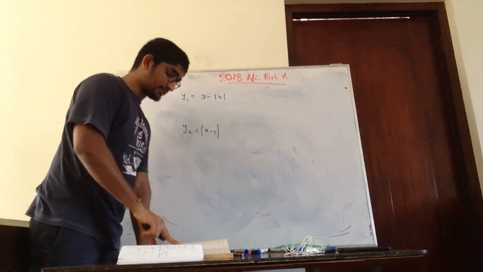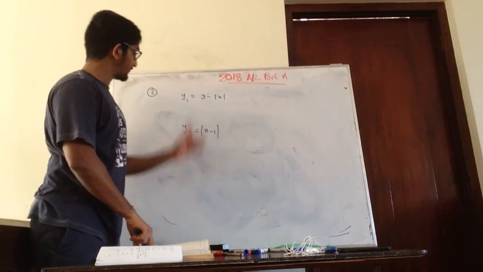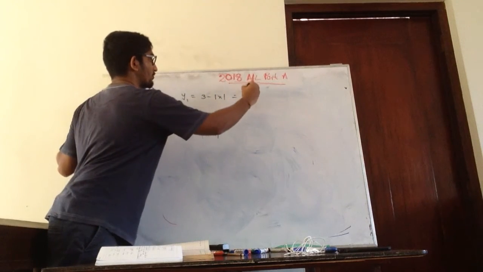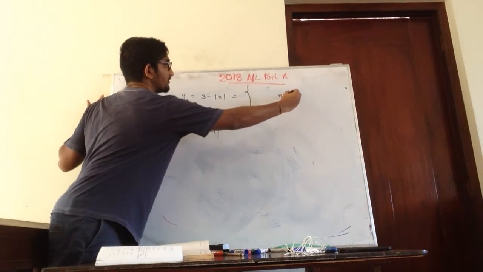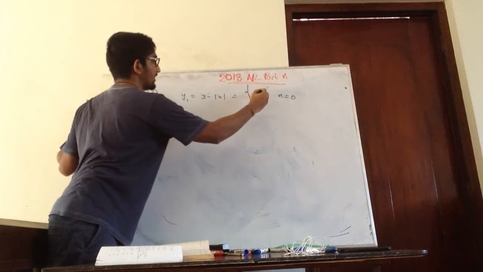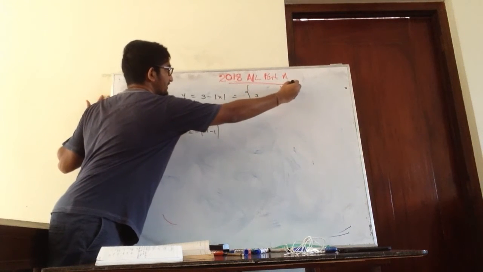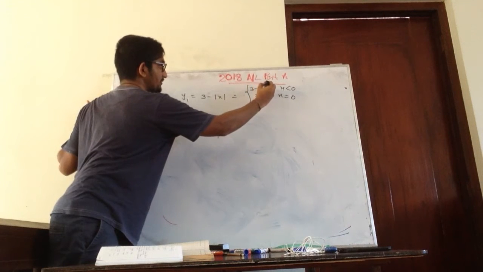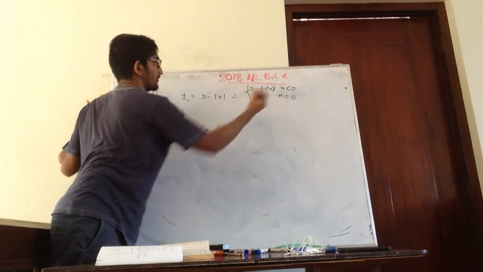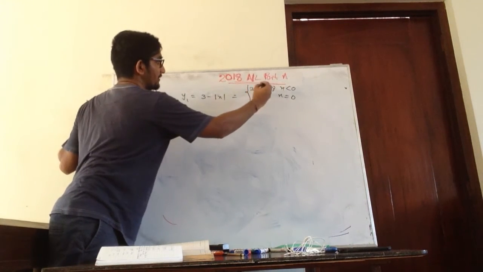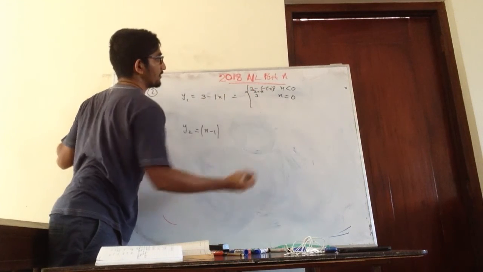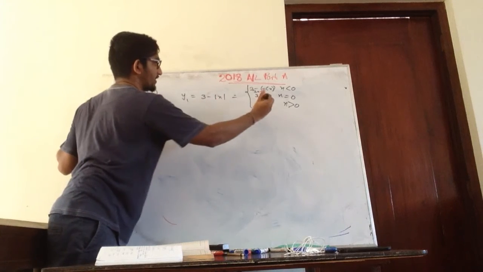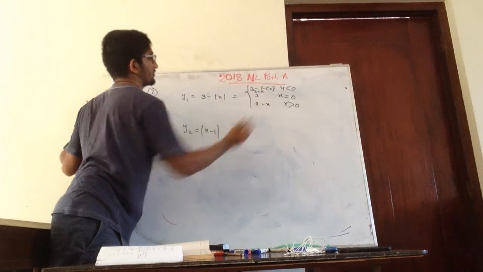First of all, they are saying sketch the graphs of these in the same diagram. So we have to first evaluate this. When x equals 0, this will become 3. When x is less than 0, this part will be minus, so 3 minus (minus x), then you will get 3 plus x. Then when x is greater than 0, this part will be plus, so that is 3 minus x.